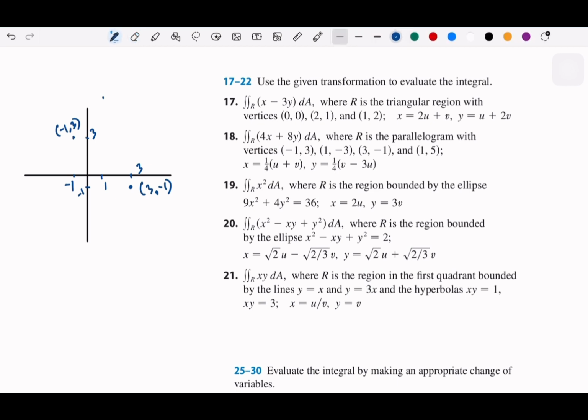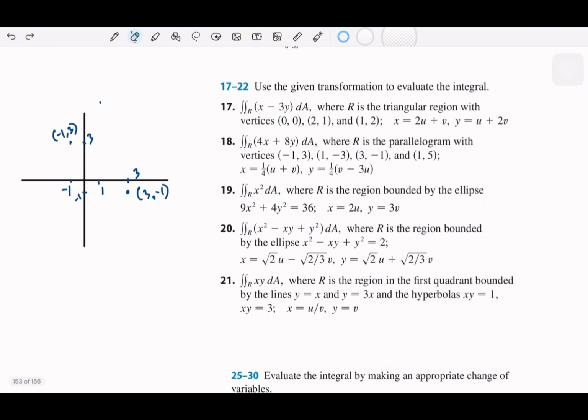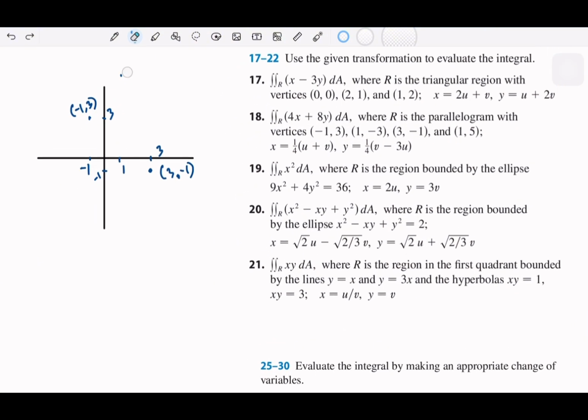So it should be 1 and -3. -3 is here. So 1 and -3 should be there.